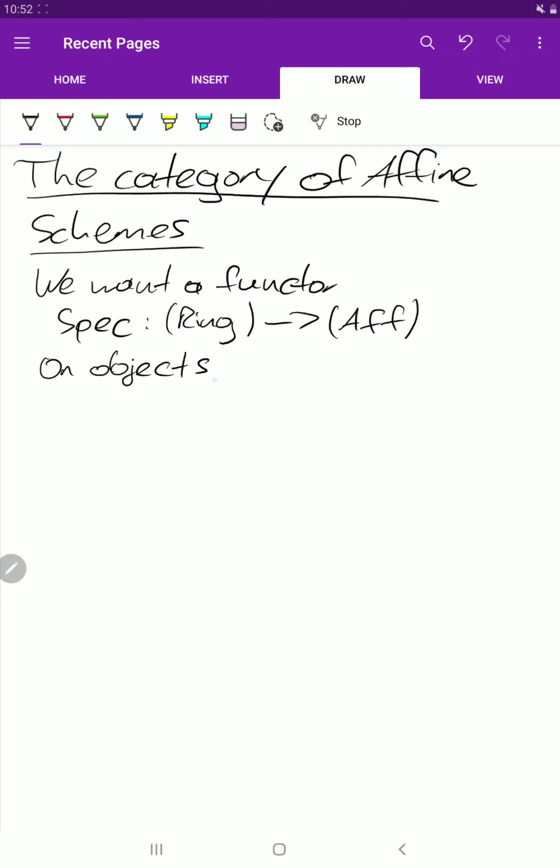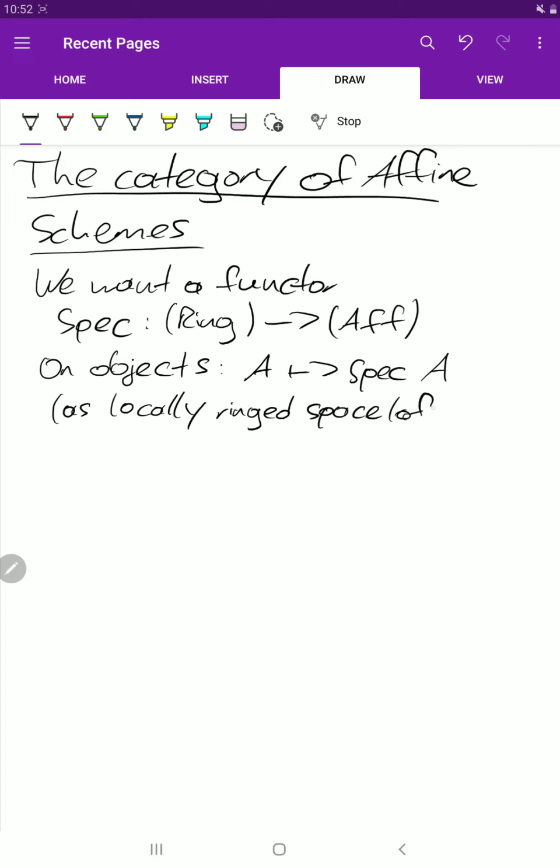On objects, a ring A just gets mapped to an affine scheme. So of course we view the spectrum now as a locally ringed space, so not just a topological space, but a locally ringed space and therefore as an affine scheme.